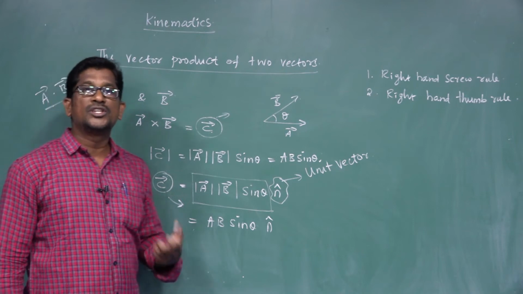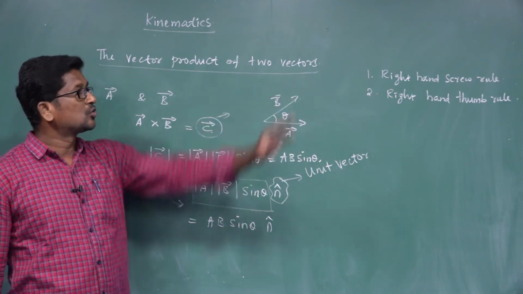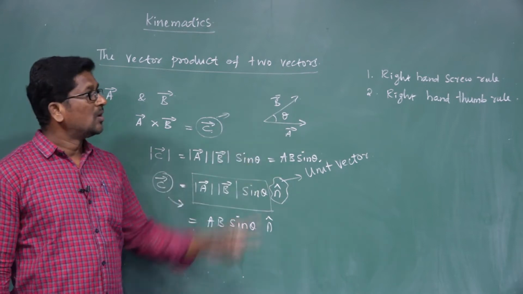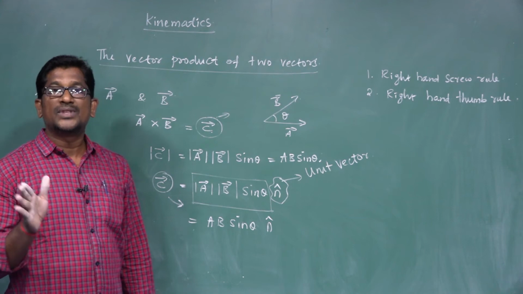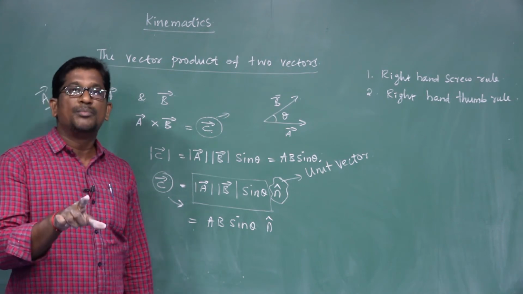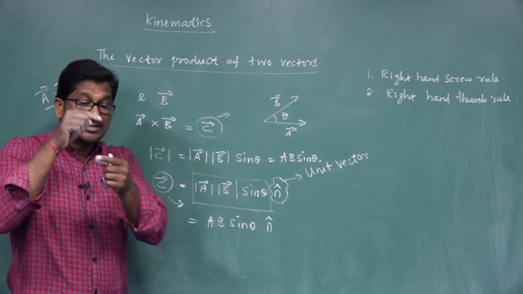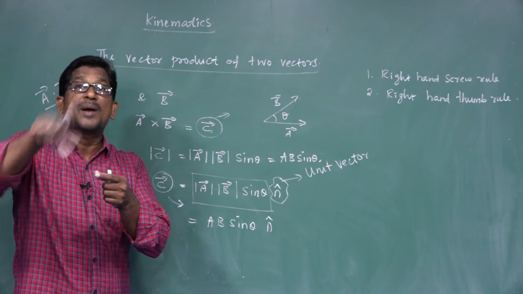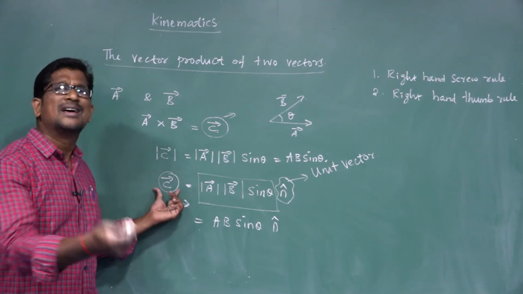What rules are used to find the direction of the resultant vector, that is the C vector? Right hand screw rule and right hand thumb rule. What is the right hand screw rule? According to the right hand screw rule, if the right hand screw is rotated from the direction of A vector to B vector through a small angle, then the sense of advancement of the tip of the screw gives the direction of C vector, or resultant vector.